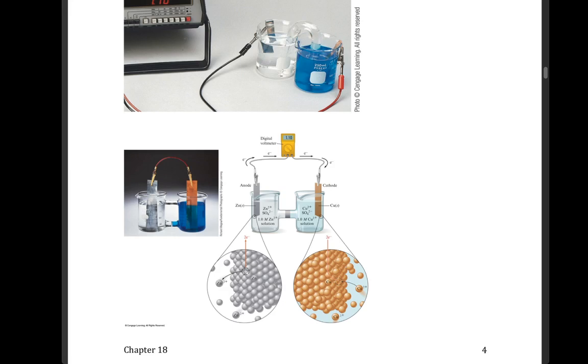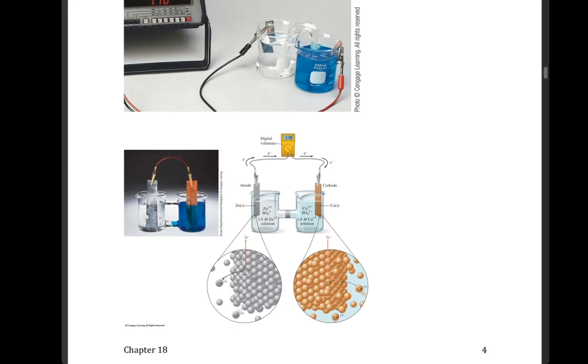The compartment where reduction is occurring, in our case the copper side, that is called the cathode. The piece of metal is often called the cathode electrode or just the cathode.